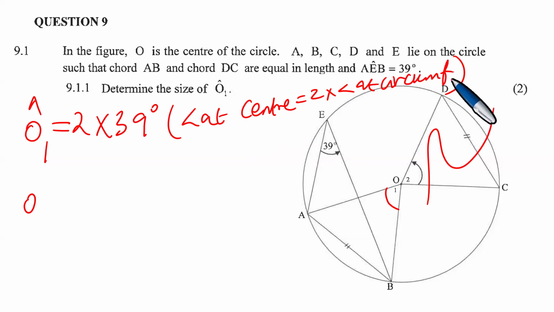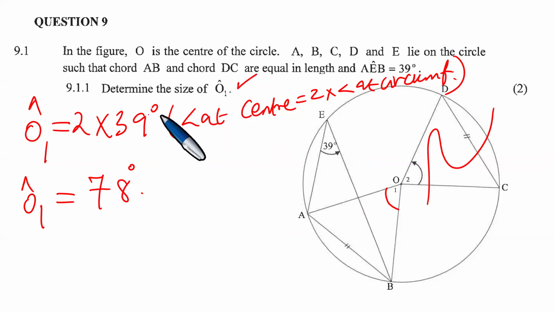So what is 2 times 39 degrees? It is exactly 78 degrees. So the angle O1 is actually 78 degrees. We have been able to answer this question, which was to determine the size of the angle O1.